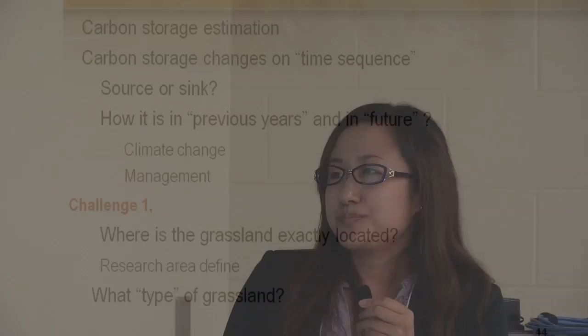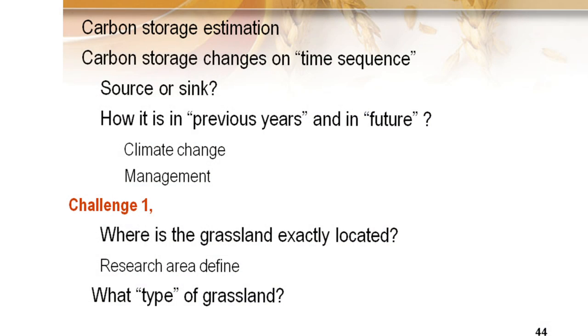Here I summarized some challenges we're facing, and I'm still learning, and I want to share these challenges with everybody here and discuss. The first challenge is where exactly the grassland is located. We need to define our research area and what type of grassland we are going to focus on.